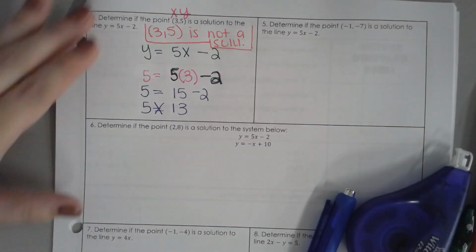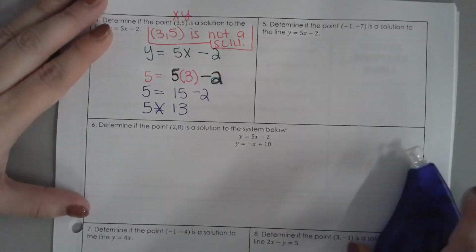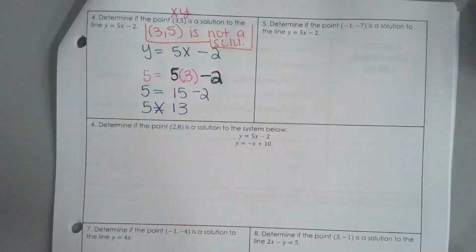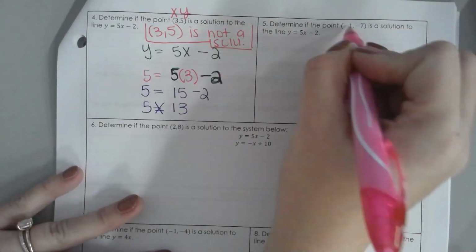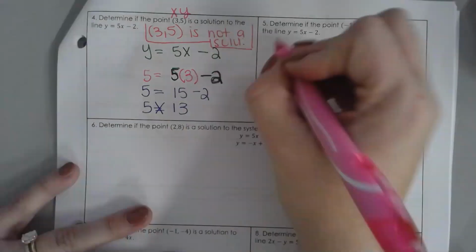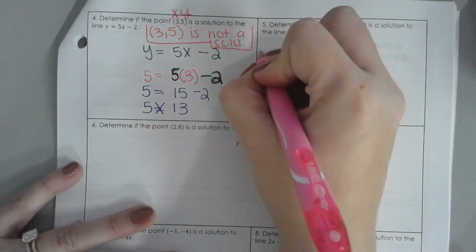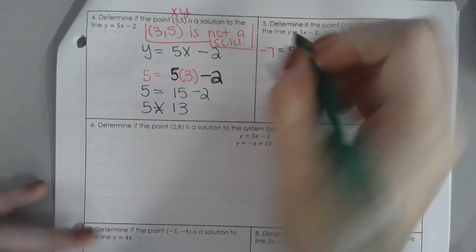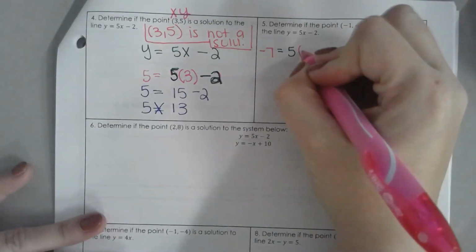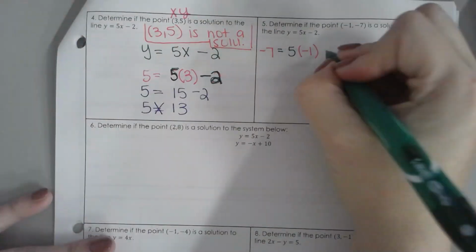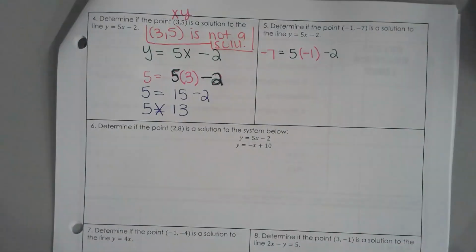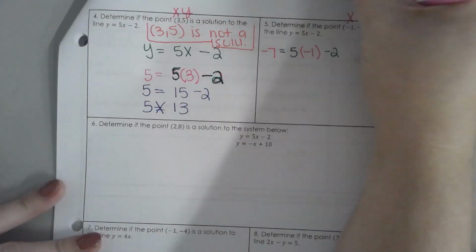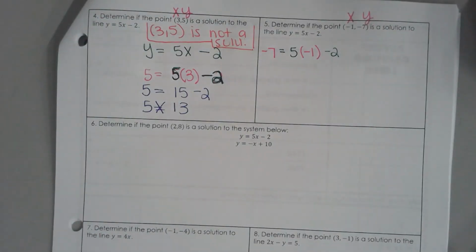So then we can try another one. This time I'm using the same equation, but I have a different point. So what's my y? Negative 7 equals 5. And then what's my x? Negative 1 minus 2. So I plugged in negative 1 for x, negative 7 for y.